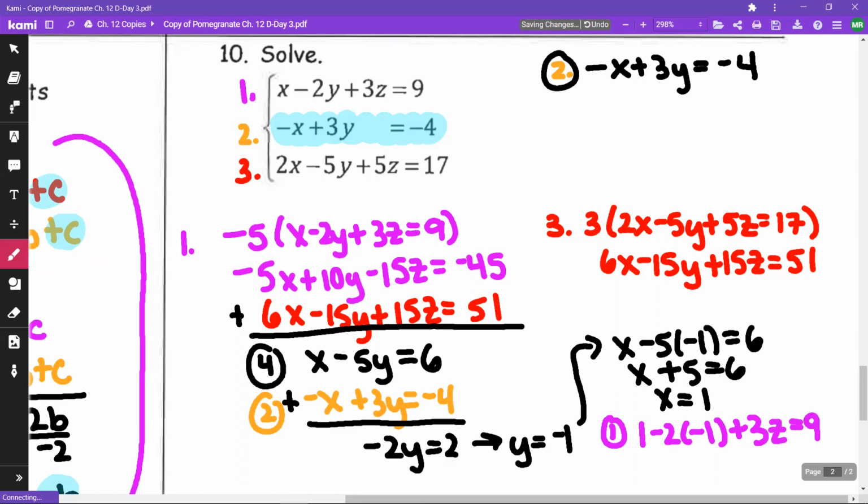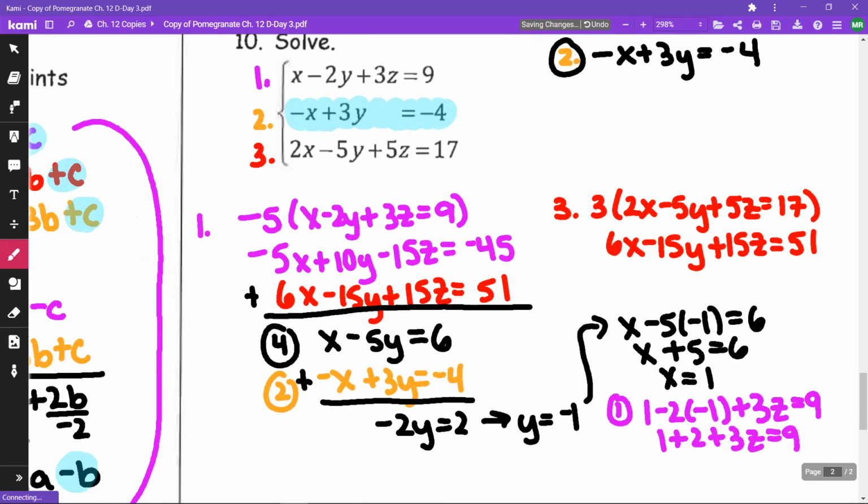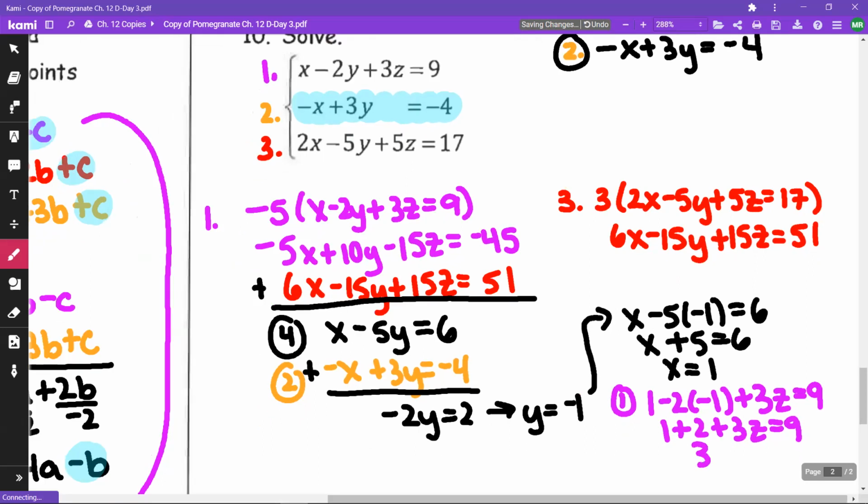So I get 1 plus 2 plus 3z is equal to 9. So 3 plus 3z equals 9. So I am going to get 3z is equal to 6, which means my z is going to equal 2.